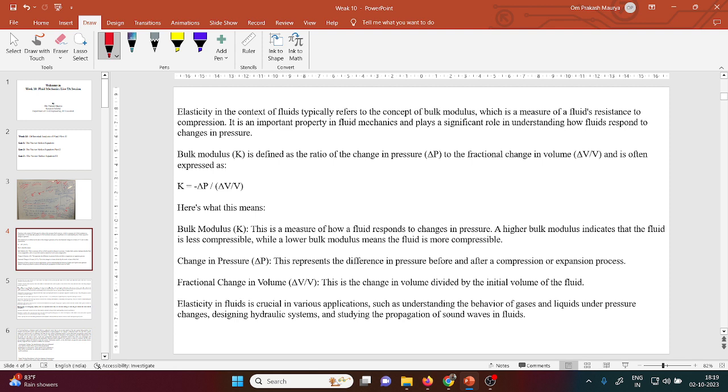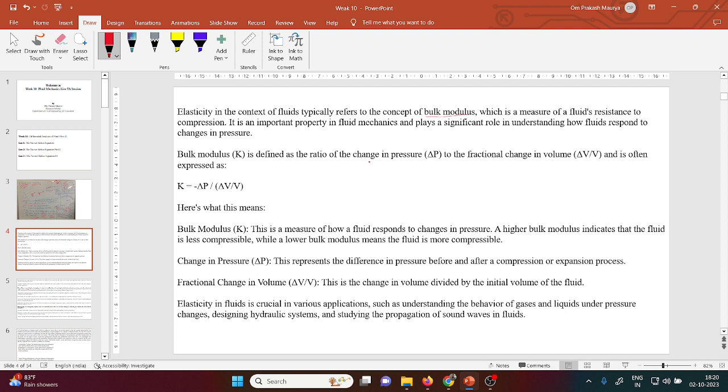In solid mechanics, when you apply force on steel, let's say steel is the best example, some amount of force, and after releasing the force, your particle returns to the same place. So that is elasticity in the case of solids, but in fluids this is not going to happen.